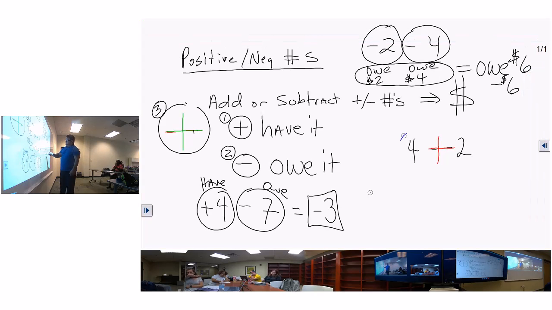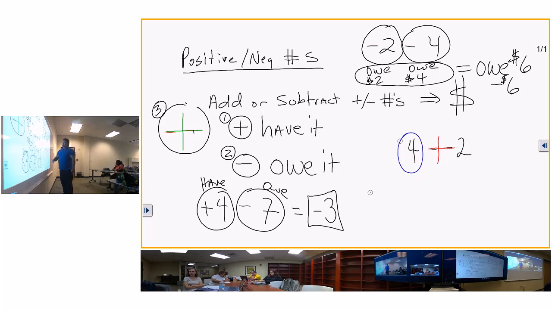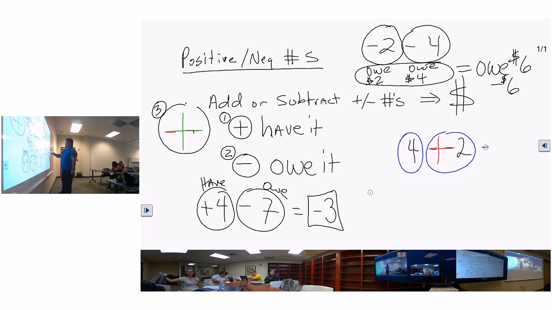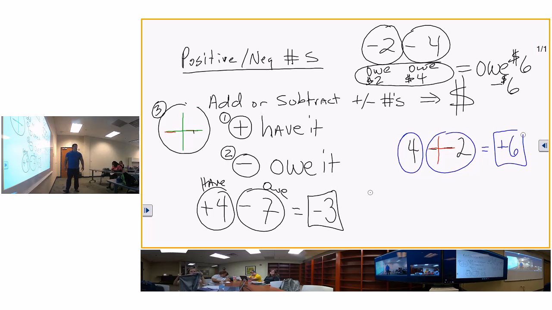You have $4 and you have $2. What's the outcome of having $4 and having $2? You have $6. So there's no reason to mess this up. As long as you're thinking of money and you remember that two negatives make a positive, you don't have to worry about these problems.